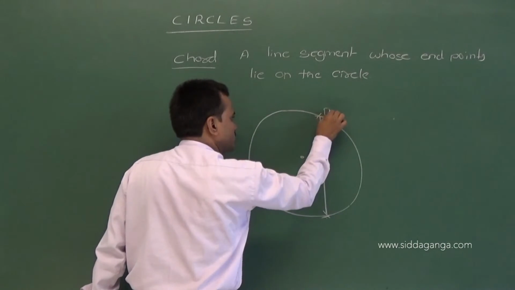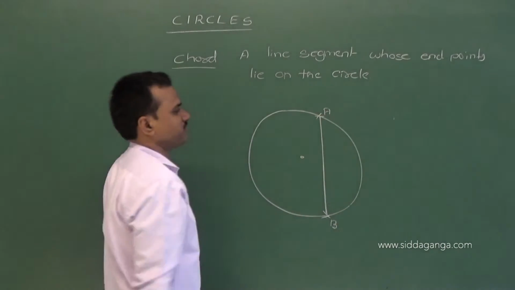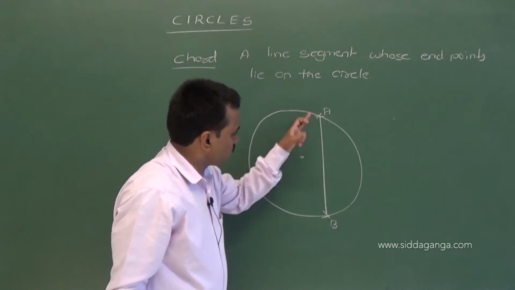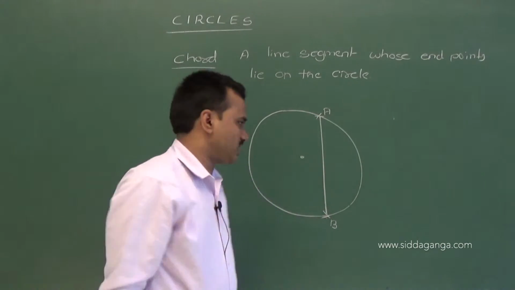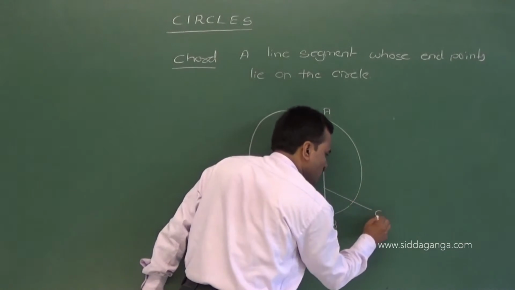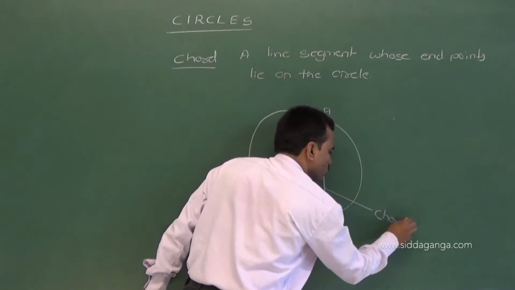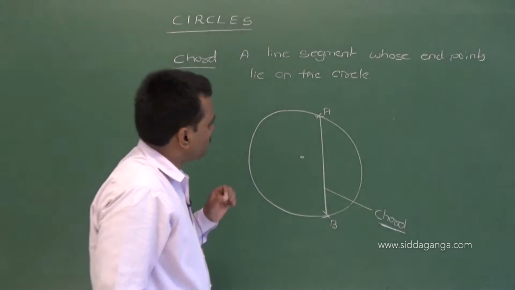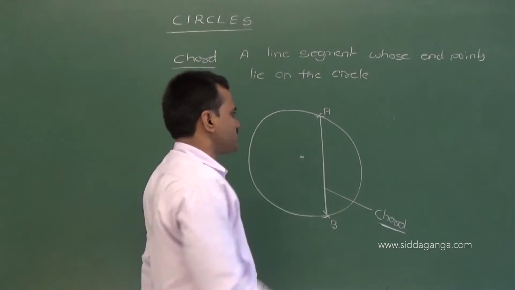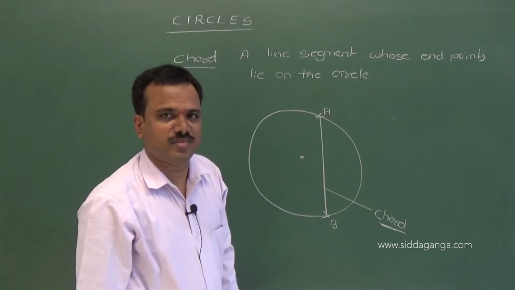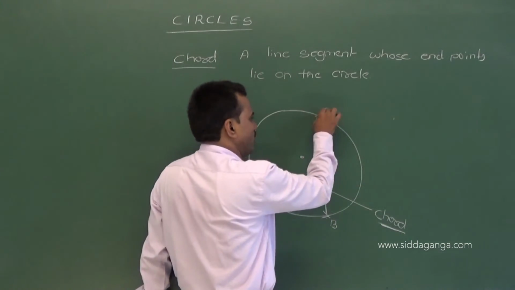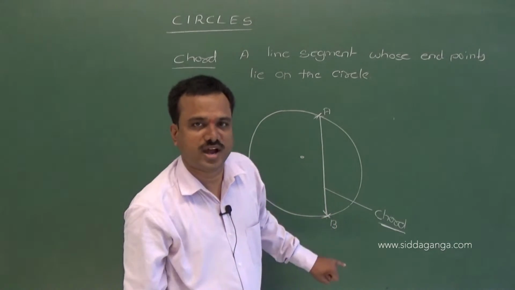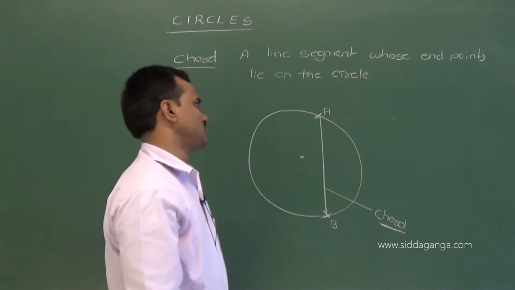Once again I say the definition: a chord is a line segment whose end points lie on the circle.